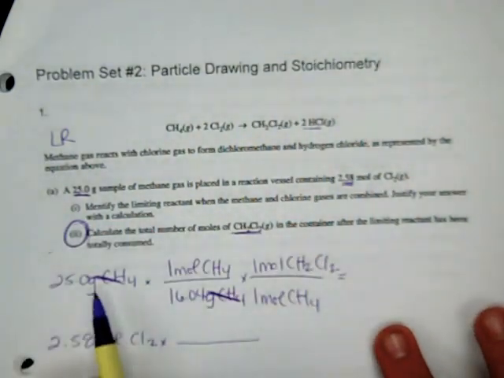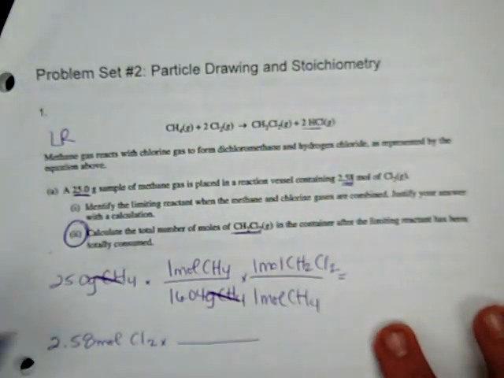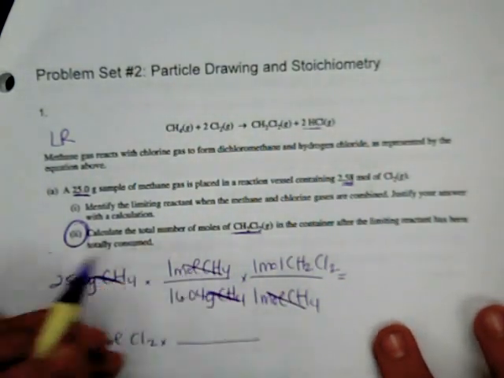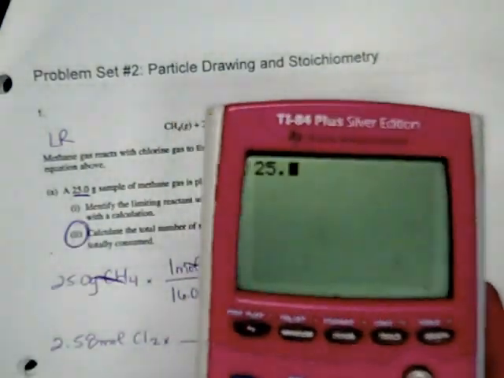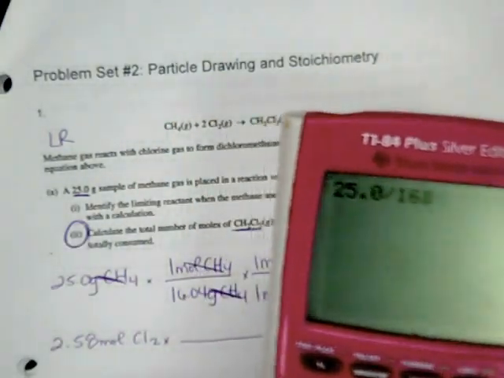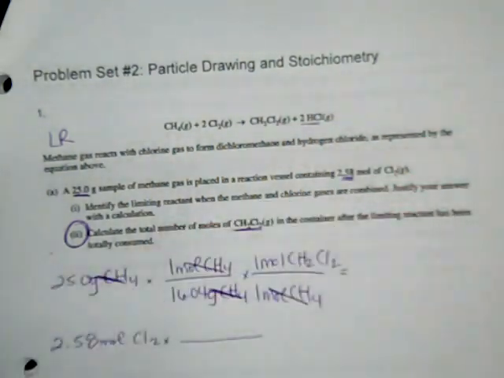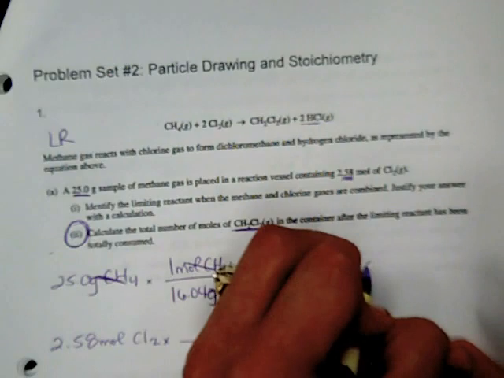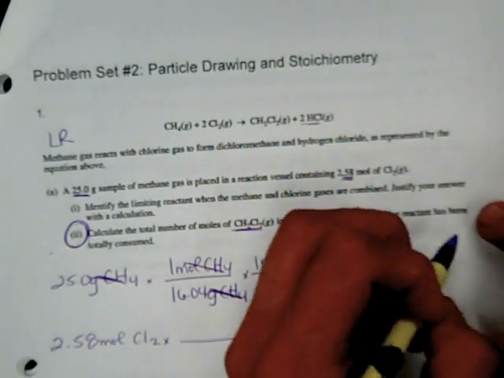I'm going to stop here because whichever gives me the least amount of moles will also give me the least amount of mass. So let's see what we get. 25.0 divided by 16.04 is 1.56 moles of this product, dichloromethane.